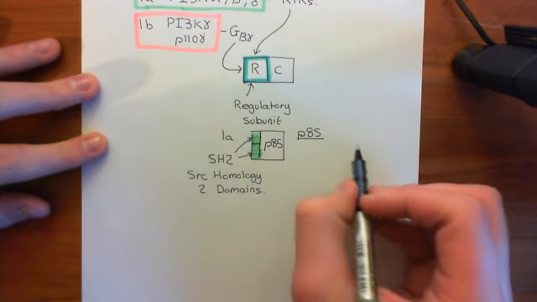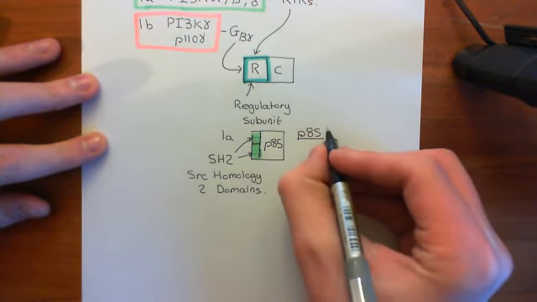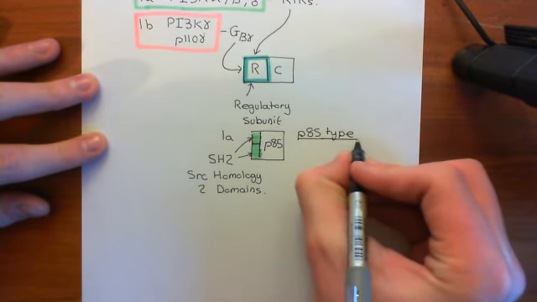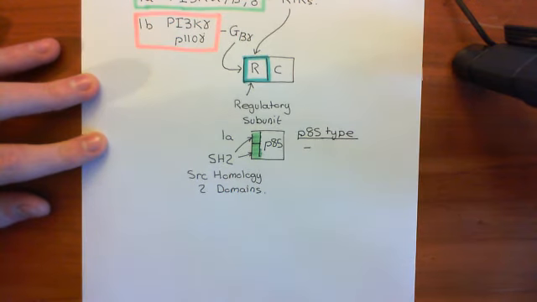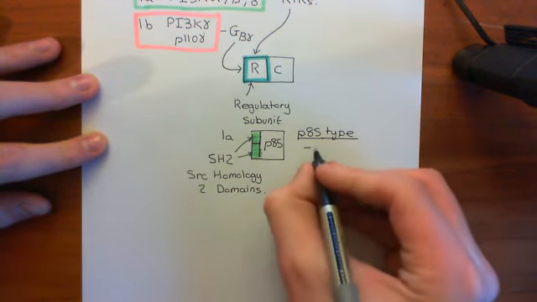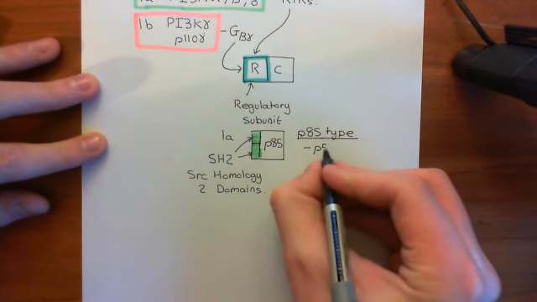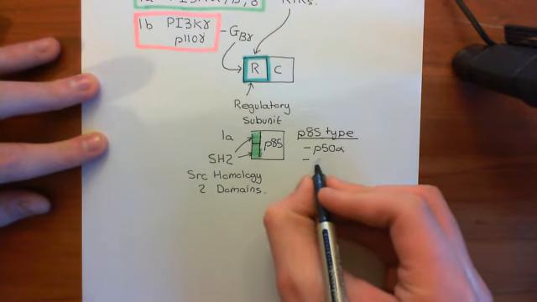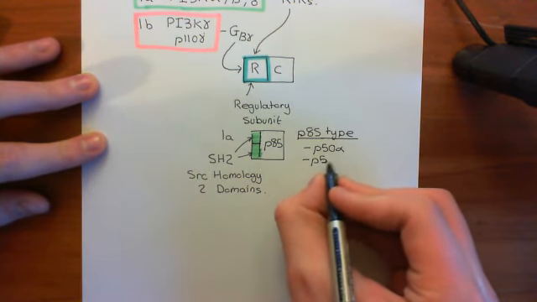However, there are actually 5 different P85 type regulatory subunits. Okay, so what are the names of these 5 different P85 type regulatory subunits? Well, there is P50 alpha, firstly. Then there is P55 alpha and also P55 gamma.